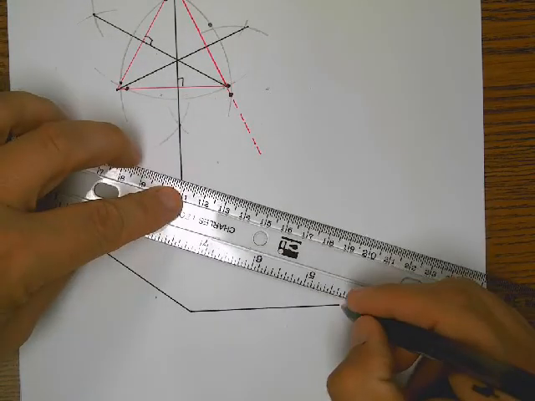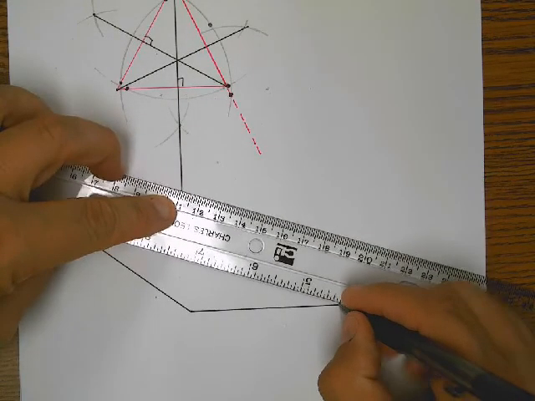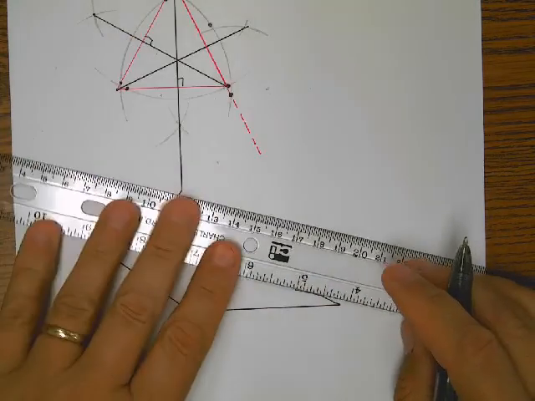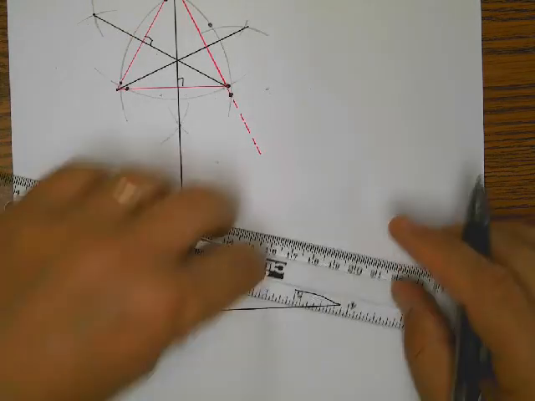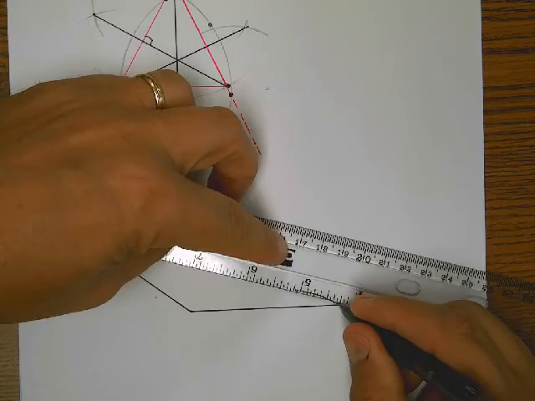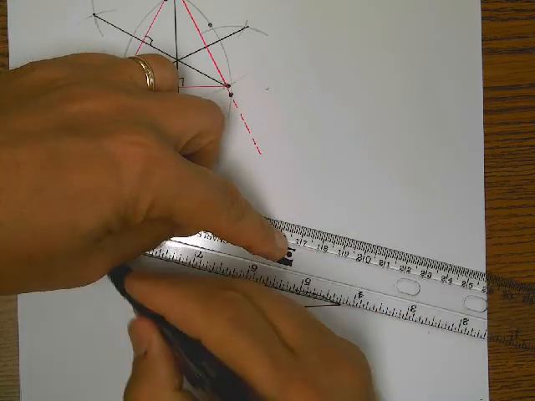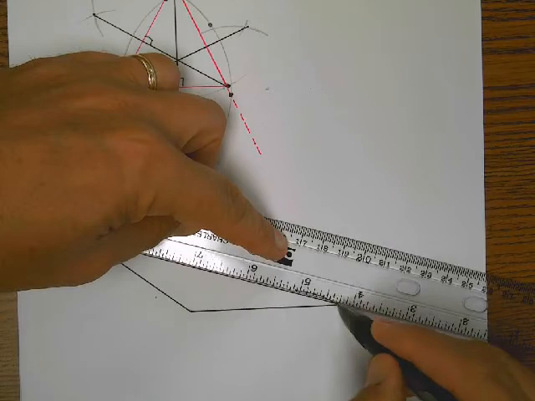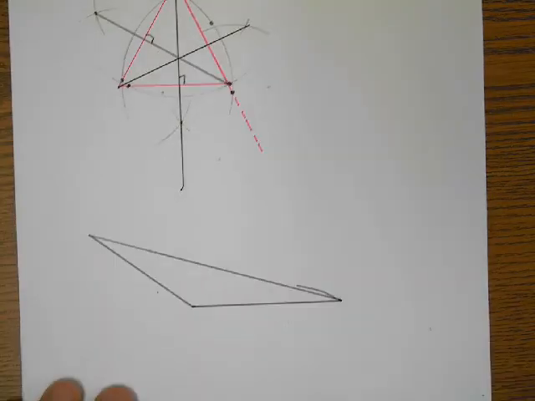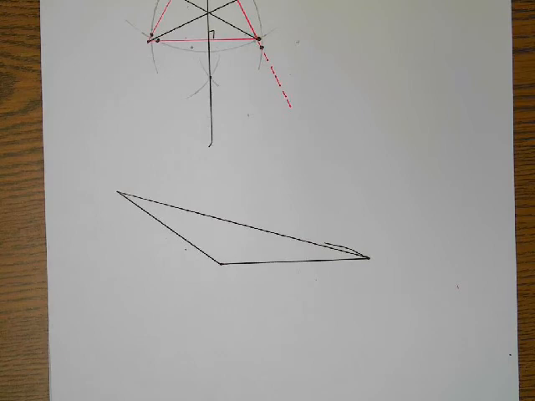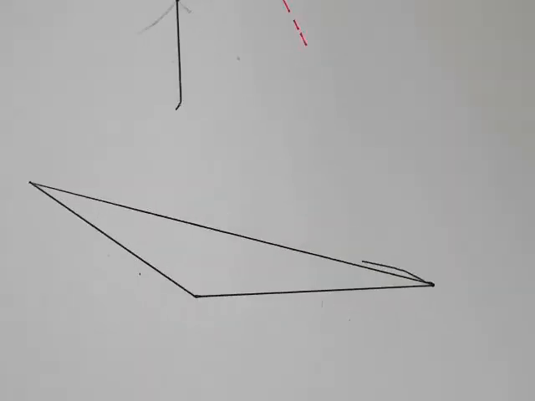Now let me connect. Oh, moved. Almost makes me want to start over, but not quite. Okay, so we have an obtuse triangle.